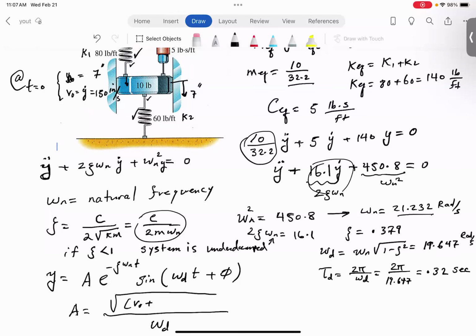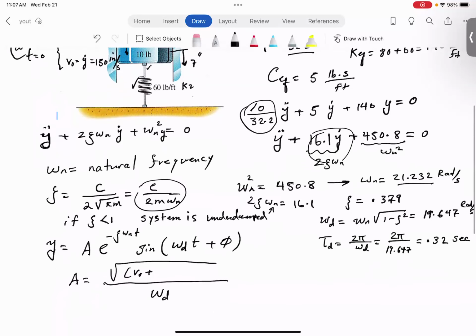So x0 or y0, the same thing here, because the formula that I have here is in terms of x0, which is more general. All right, zeta omega n x0 squared, which is 7 inches in this case, plus x0 omega d squared. So remember, the radical is only on the numerator.